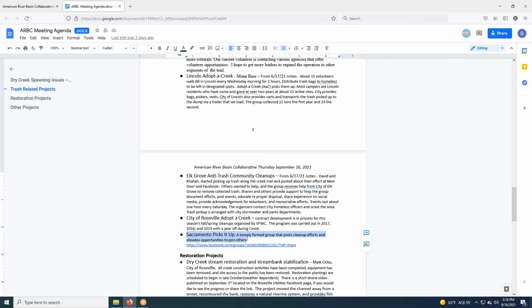A lot of people may not have the item about Sacramento Picks It Up, but there is an entry on the current agenda on the website about it, with a Facebook link if anyone wants to look at that.